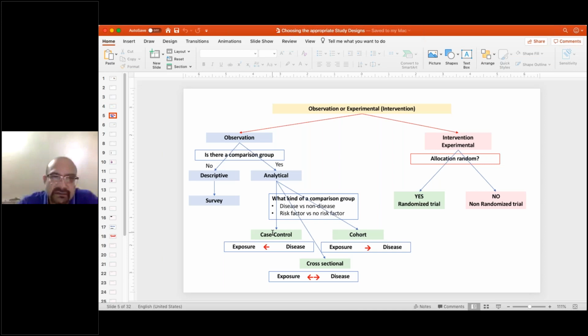And here we are starting from the diseased individuals and evaluating the level of exposure within them. If we are starting with individuals who are exposed and we are classifying them into groups by exposure, then it becomes a cohort study, and we follow them up and see how many of them get diseased and how many of them don't get diseased.